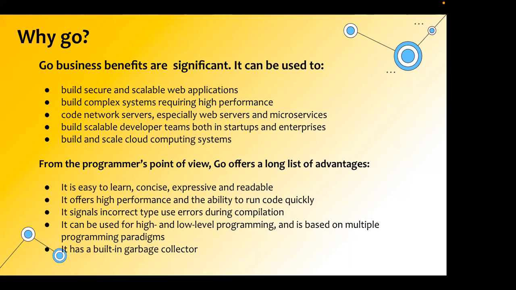Complex systems which require high performance can be developed using Go. Then network servers, especially web servers and microservices. For these kinds of services, we can use Golang. People are choosing Golang over JavaScript where they want to run multiple services at once. So if you know, Node.js is a single thread application, right?